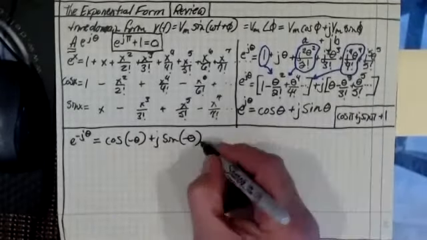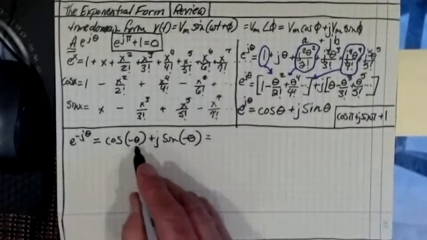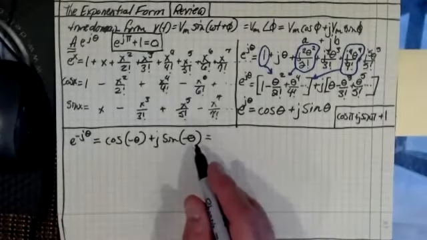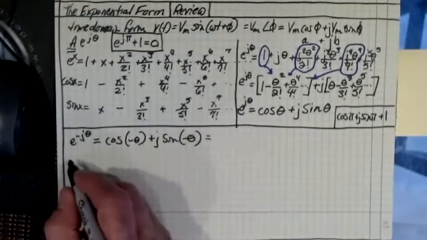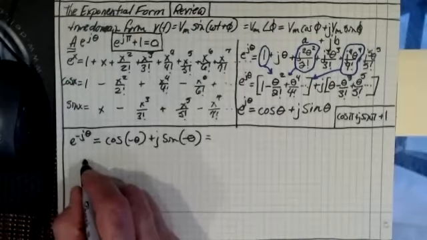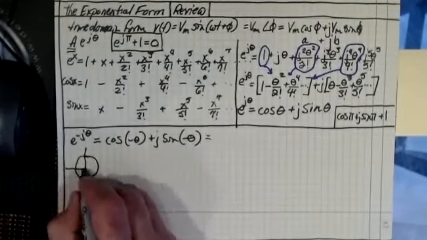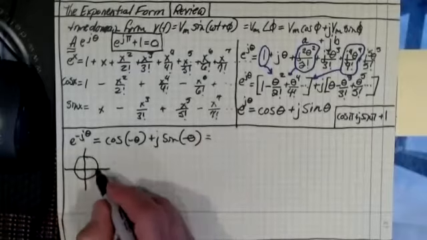But what is the cosine of minus theta? The cosine of minus theta is cosine of theta. And if you don't know this, I'm going to refer you to the unit circle here. I'm just going to draw the unit circle. If you can't imagine it in your head, there's the unit circle.